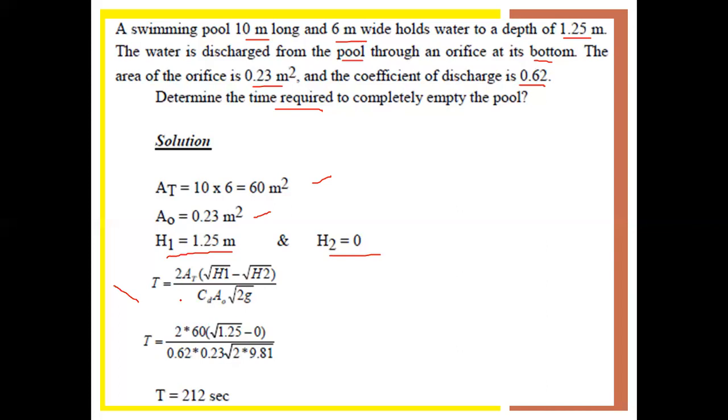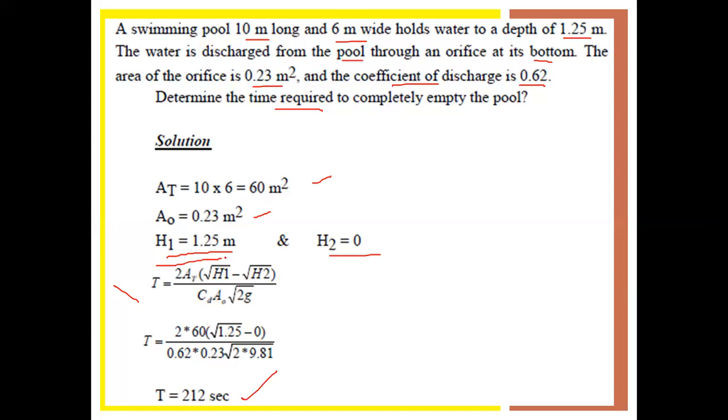So substituting these values, A we already found, root H1 is 1.25, divided by CD value 0.62. The coefficient of discharge CD is equals to 0.62 into 0.23 root of 2 into 9.81. T is equals to 212 seconds.